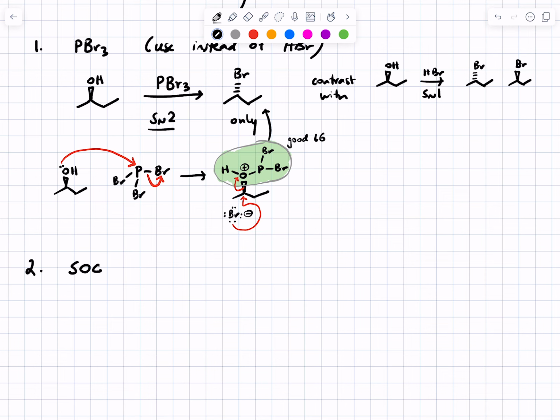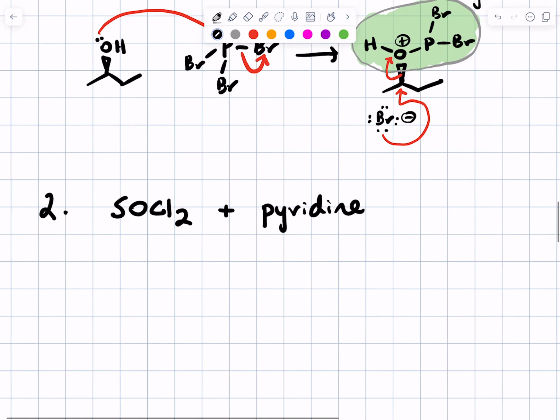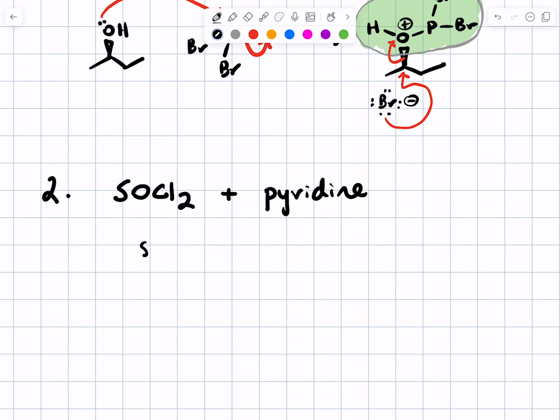All right, so we're going to have an alternative as well for making alkyl chlorides out of alcohols. The reagents here are going to be a little bit different, and there are going to be some questions as to why it's this way. The reagent is SOCl2, which if you draw the Lewis structure of that, it's a sulfur doubly bonded to an oxygen with 2 chloros attached.